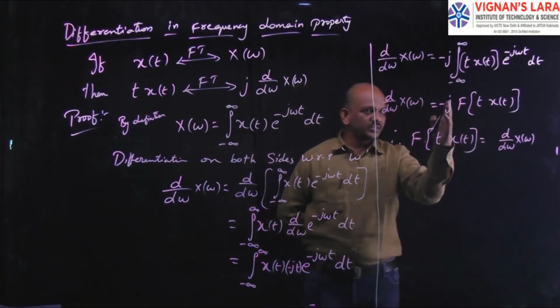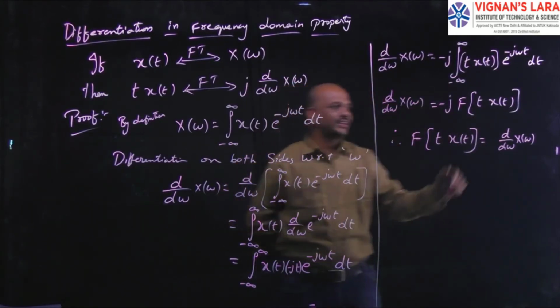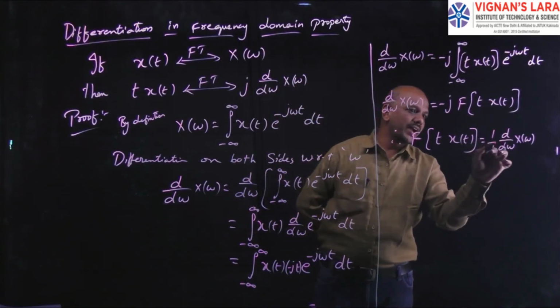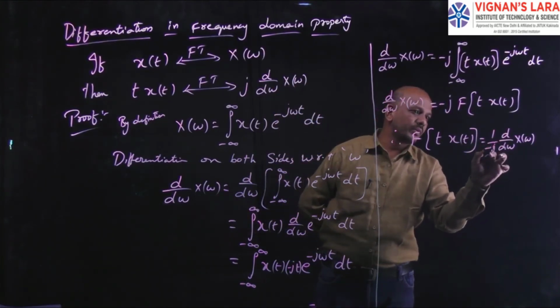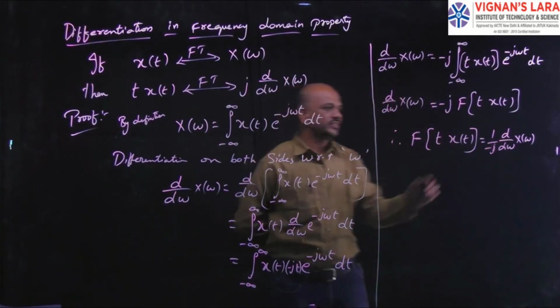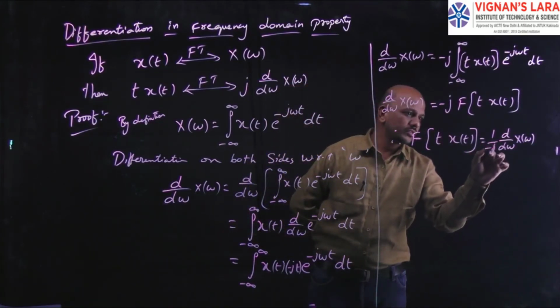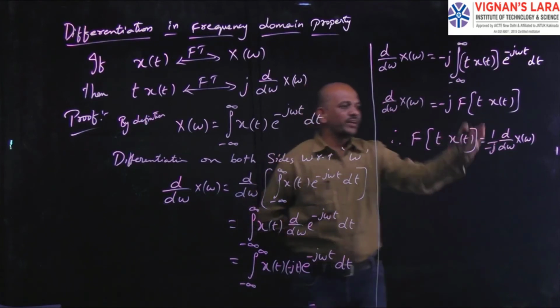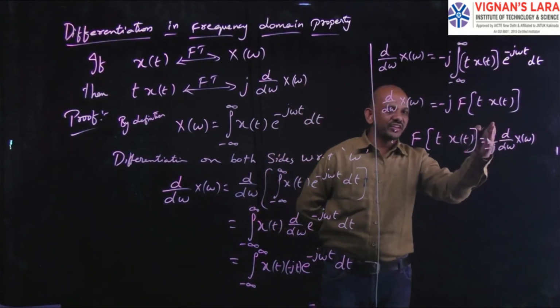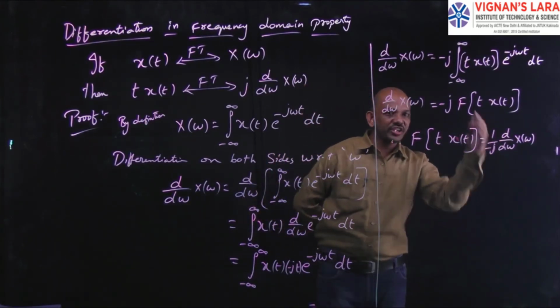So I need this one, this comes this side like 1 by minus j, clear, 1 by minus j. Actually 1 by j is minus j, minus gets cancelled, that will become as j.